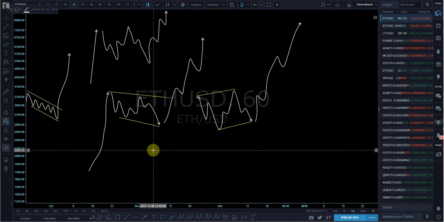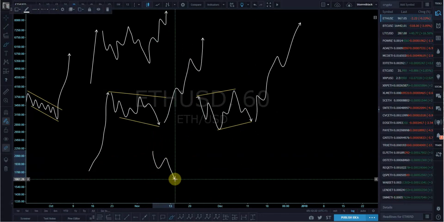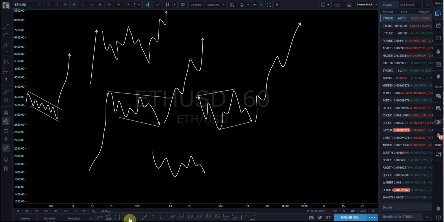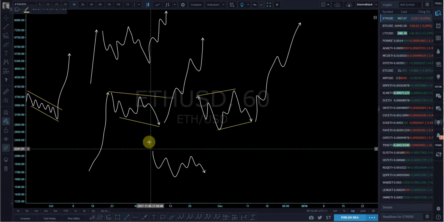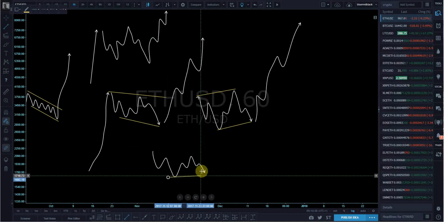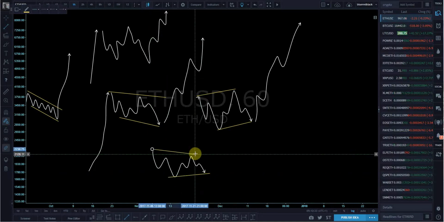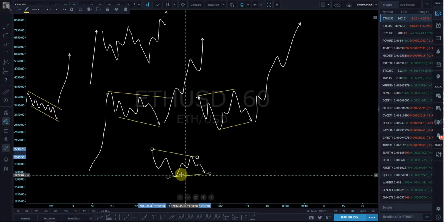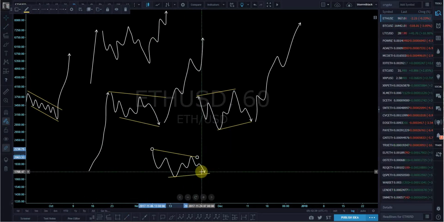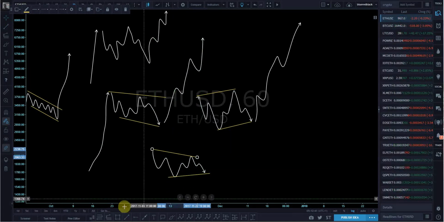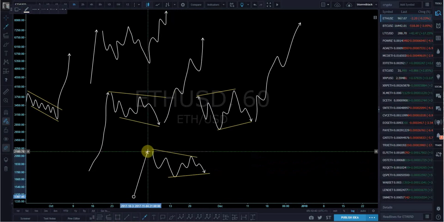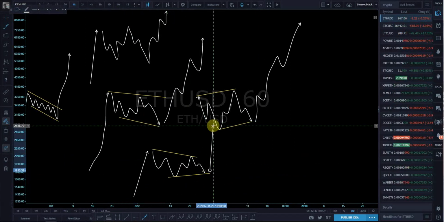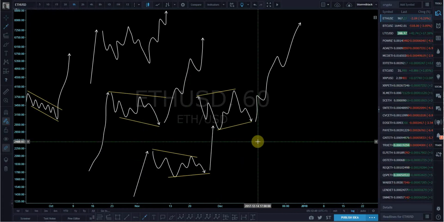It happens where you have an A wave, a B wave, and a C wave, almost like a triangle, but it's a three wave where it's contracting, where the B wave doesn't break above the top, and the C wave doesn't break below the A wave. So like I said, it's always going to start with a move up. And the idea is to catch the next move up when it's trending.